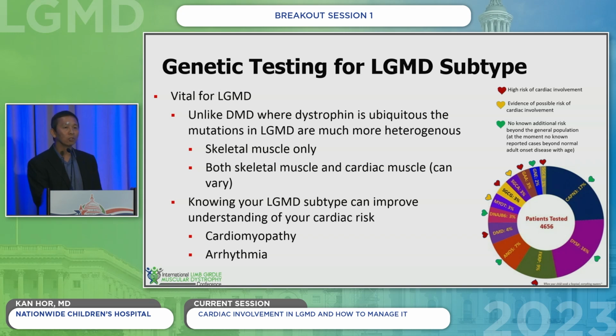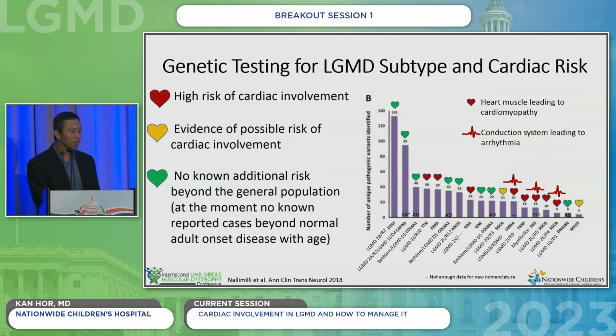So knowing your LGMD subtype, specifically for cardiac, which I'll focus on, can affect your risk of cardiomyopathy and then arrhythmia. We'll go into details of that.